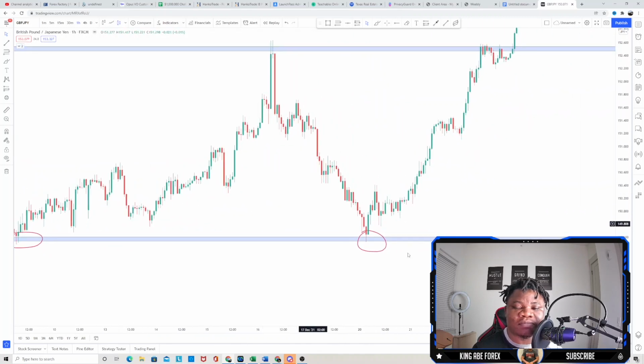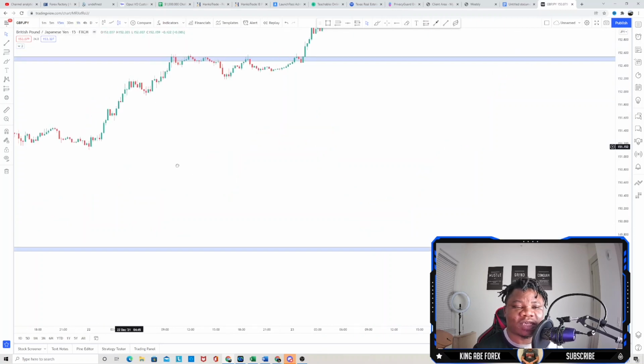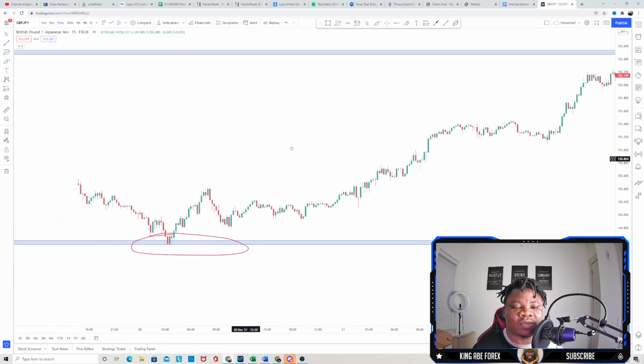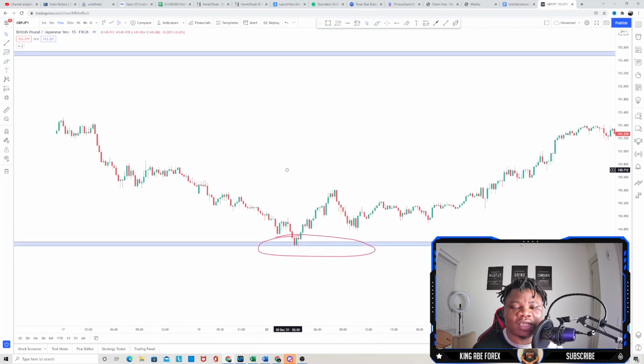If price had broken this same zone, this is no longer valid. Now it becomes something else. But the fact that we had a rejection here, for me to take this buy position, I can go to either the 15-minute time frame or the 5-minute time frame, however you guys trade.